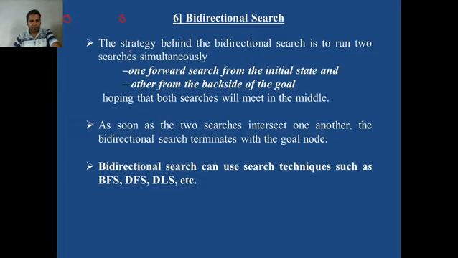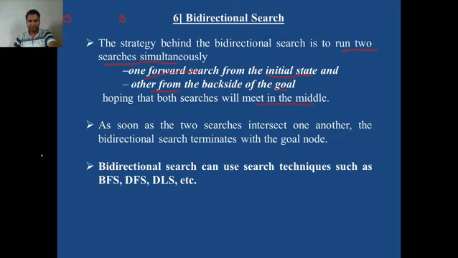So the strategy behind bidirectional search is to run two searches simultaneously. This is very important. One forward search from the initial state and the other backward search from the goal state or goal node, hoping that both searches will meet in the middle of the search tree.